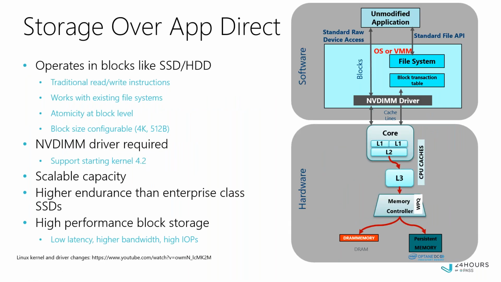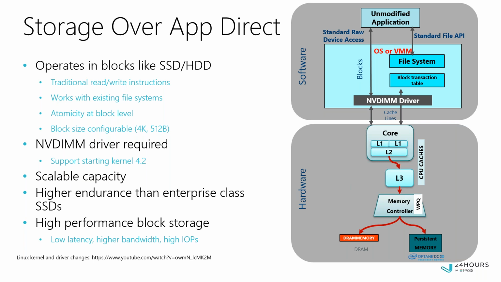And the third mode is Storage over App Direct. Like the title says, it is basically block storage. So we mount a regular file system on top of a persistent memory device, and we have the same type of behavior as if it were a regular disk.